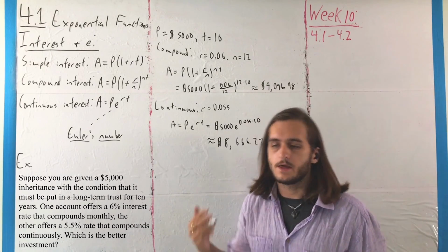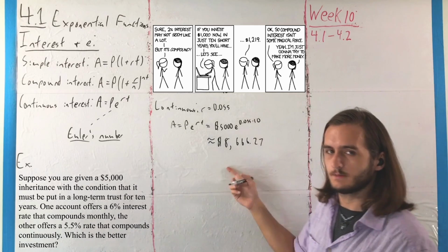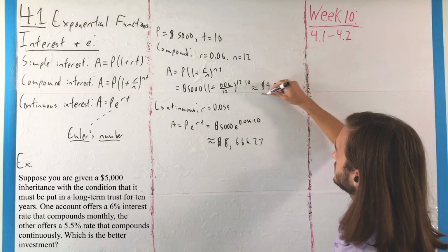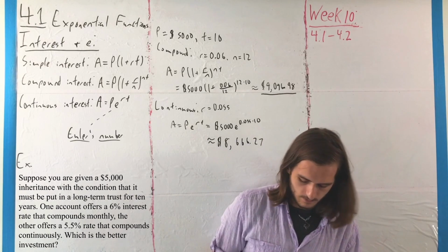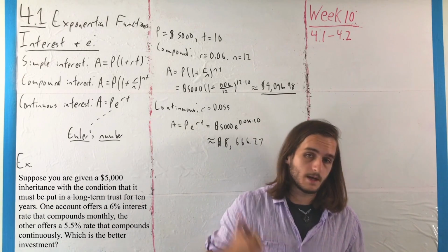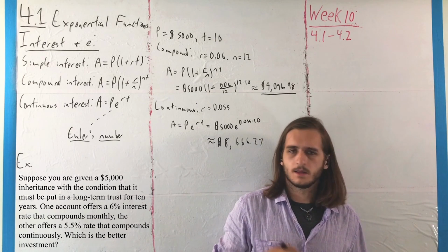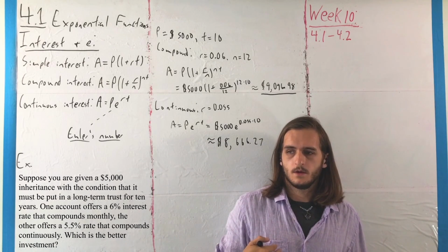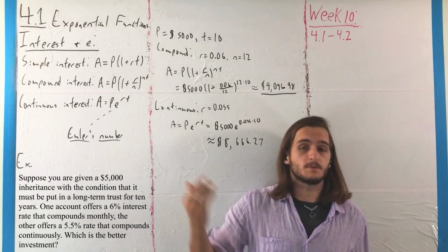So for this, the 6% compounding interest rate was enough to make up the difference in the number of times it compounds, so the first one would be the better investment. And now that we've seen a little bit about where e comes from and how we can use e, we'll talk about it in a little bit more specific context as the natural exponential function.